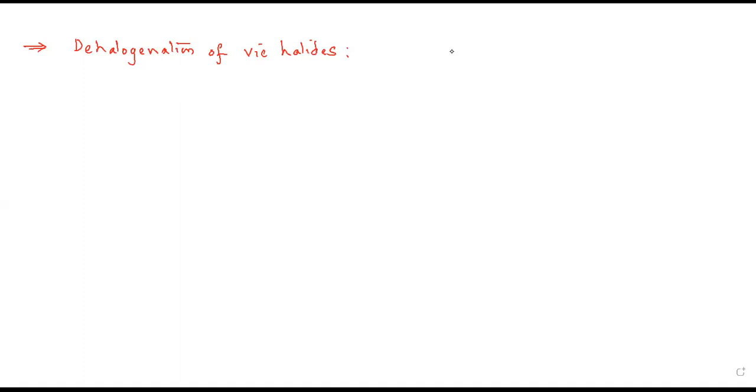You know, D means removal. Removal of halogen atoms from the adjacent carbon atoms. Let me give you this simple example.